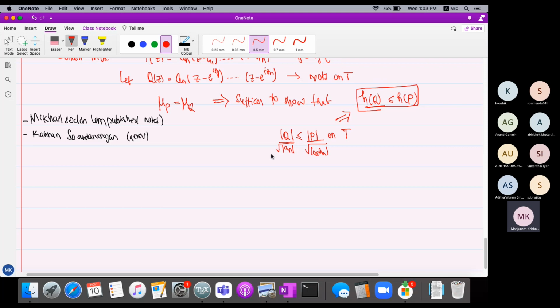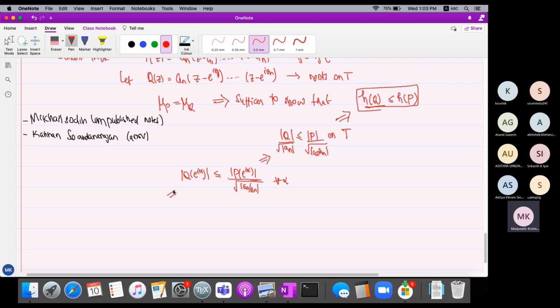So what is it? This is implied if, what is q? Mod q of, let's say, e^(i alpha) is less than or equal to mod p of e^(i alpha) divided by square root of a_0 by a_n, for all alpha. I just transferred it to that side. This is what you want to show.